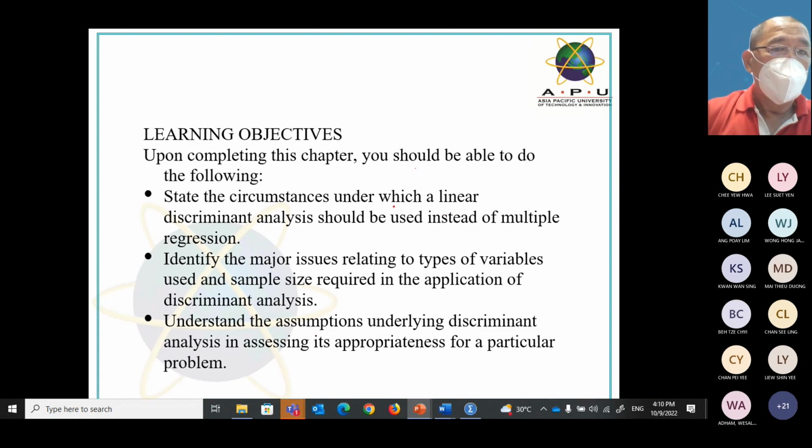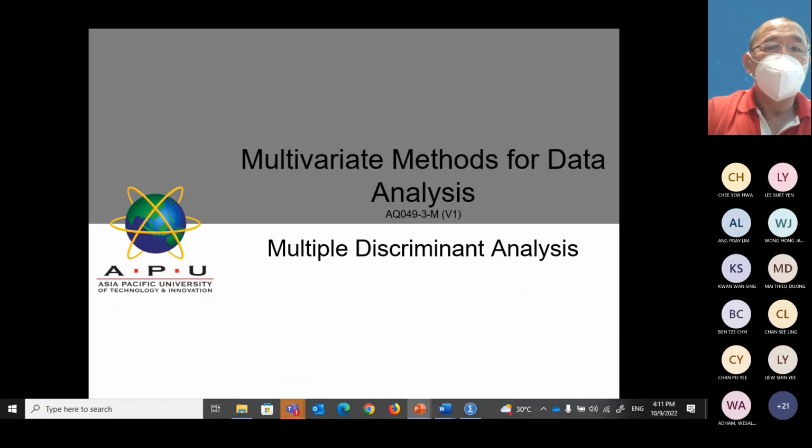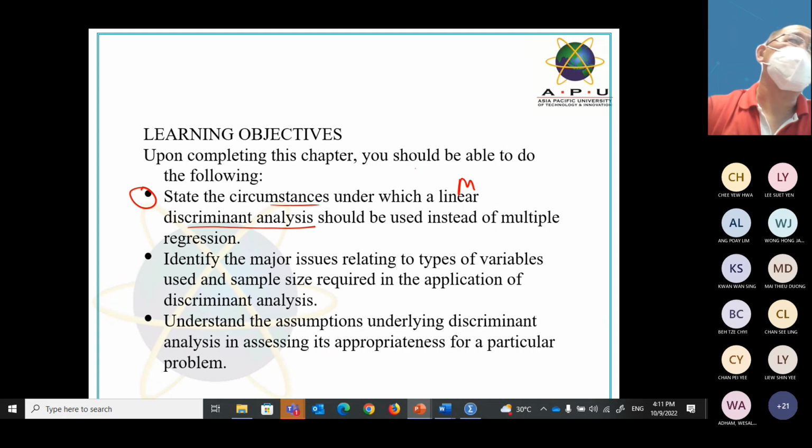So you state the objective. We should be able to state the circumstances under which linear discriminant analysis, or we call it multiple discriminant analysis, can be used. This one is actually done already. For multiple regression, the dependent variable must be metric.